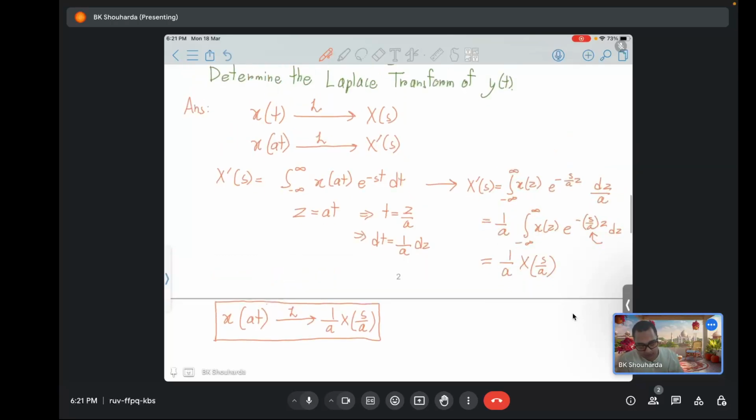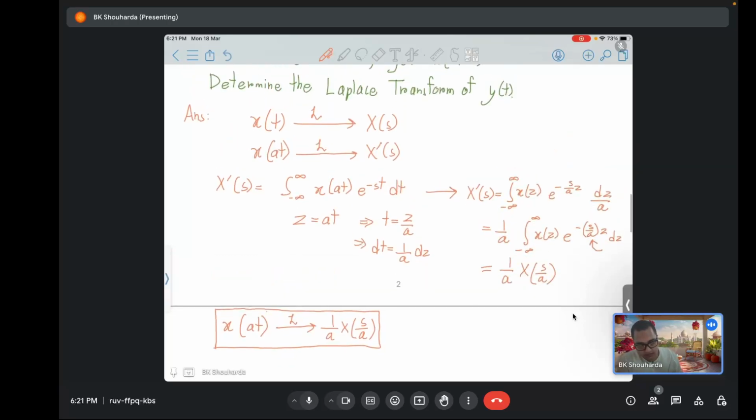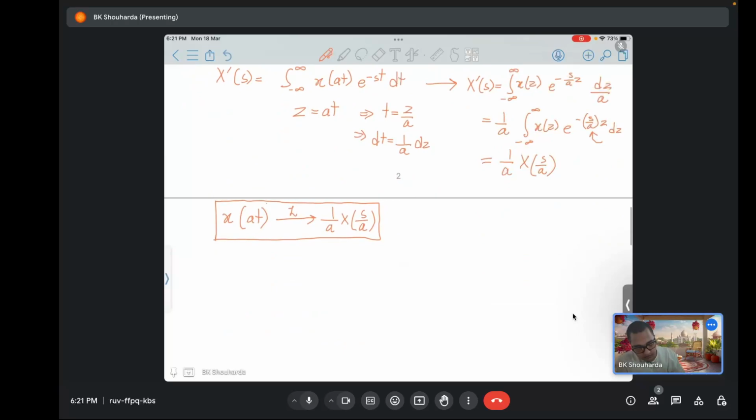Okay, so we have been told that y(t) is x(0.5 t). So what would that mean? That would mean that Y(s) is 1 upon 0.5 times X(s upon 0.5). That boils down to 2 times X(2s).